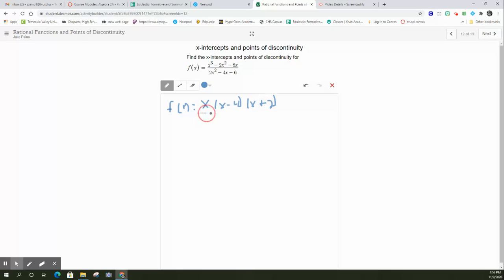On bottom, I can take out a 2. That's my GCF. And when I factor that, what multiplies up to -3 and adds up to -2? That's going to be x minus 3, x plus 1.